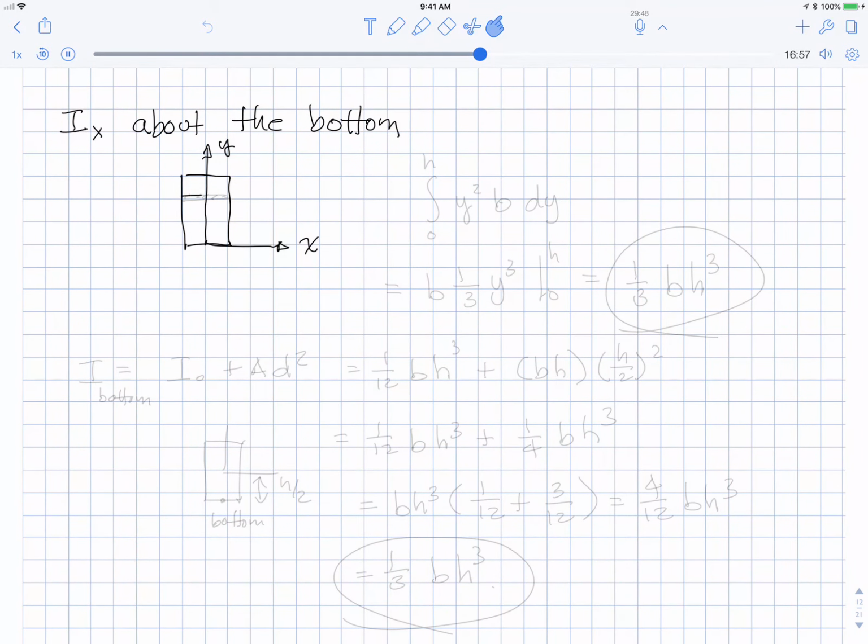We'd have to take the integral from 0 to h, and we would have to do this all over. And that would come out to be the integral from 0 to h of y squared b dy, and that would equal b times 1/3 y cubed from 0 to h, which is 1/3 b h cubed.